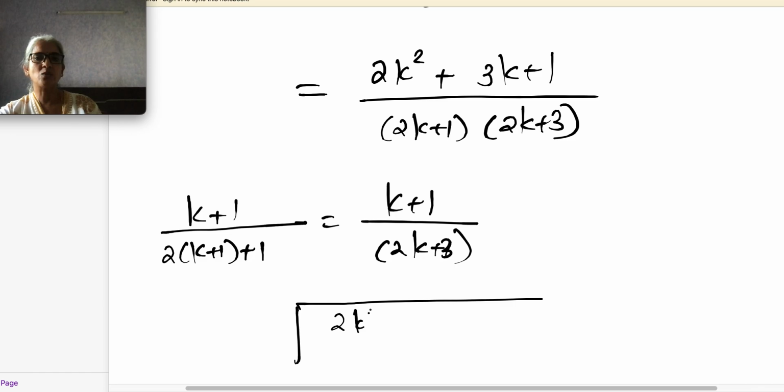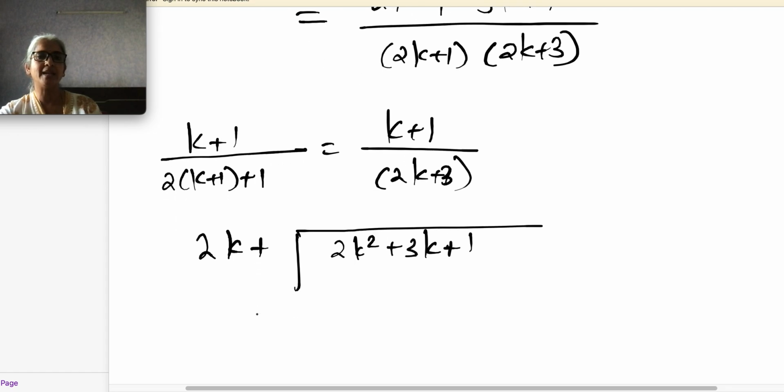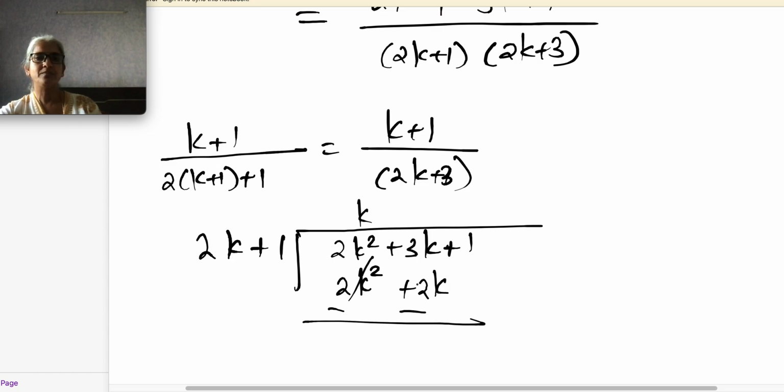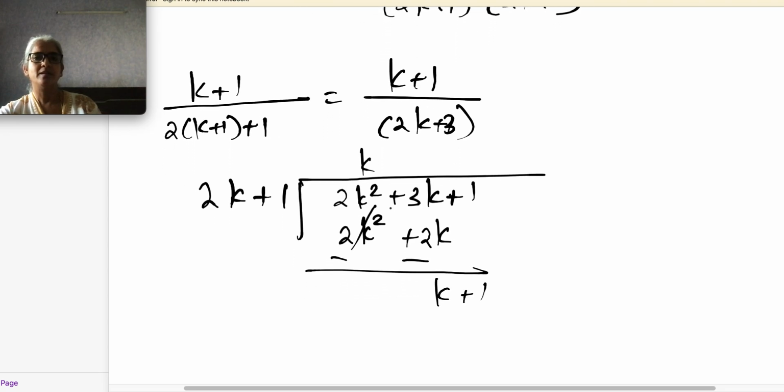So 2k square plus 3k plus 1, I'm going to divide it by 2k plus 1 to see if I really get that numerator. So k times 2k square plus 2k plus 1, sorry, I'm sorry, here I multiplied it wrong.